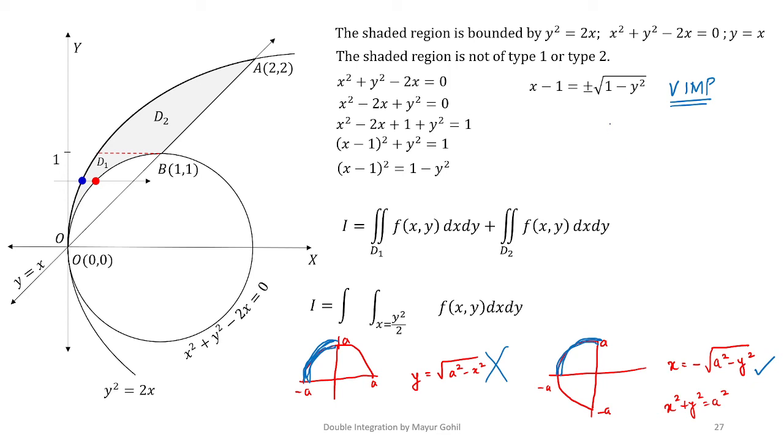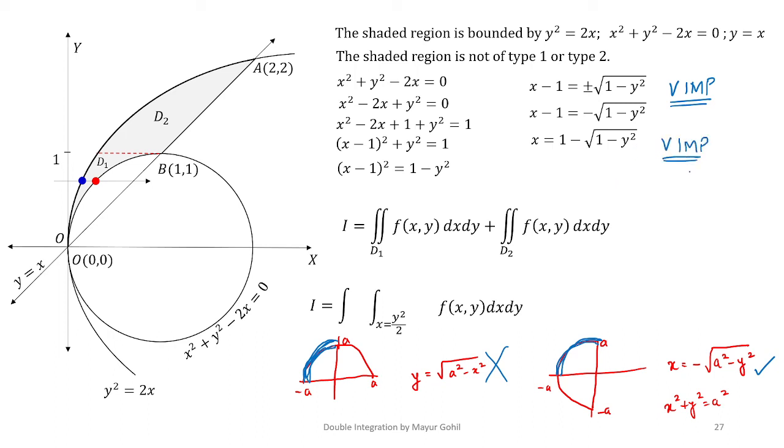So over here, observe that because this circle is shifted, we will have a little change in the equation. The change here is x minus 1 equals minus square root of 1 minus y square, and further our equation will now appear like this, x equals 1 minus square root of 1 minus y square. This is what is important.